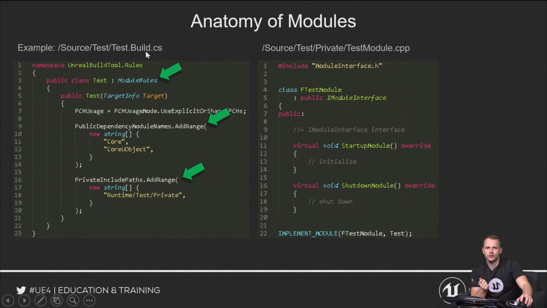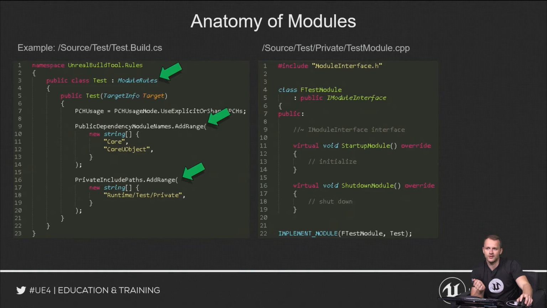The first thing you will notice is that this file is actually not a C++ file. It's code written in C#. And that's because our build tool, the Unreal Build Tool, or UBT for short, is written in C# and not in C++.